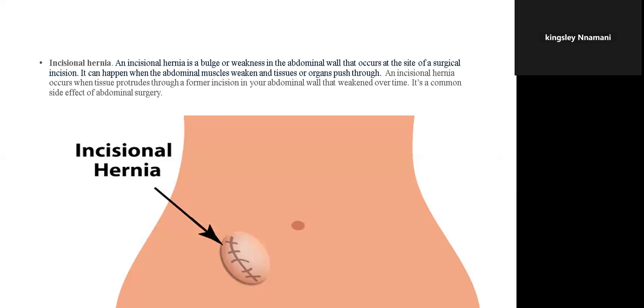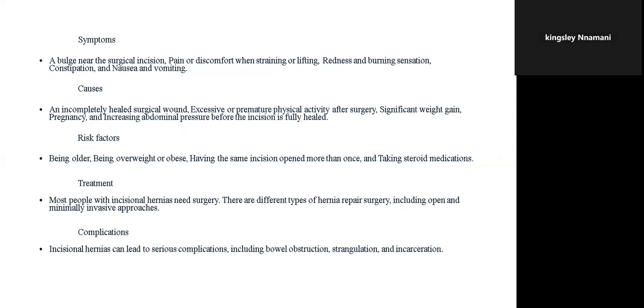So it is a common side effect of abdominal surgery. So you find there are so many cases. This one we need not overflog it, because even those listening to me can attest to the fact that they can see this one, especially those who had carried out some surgical operations.